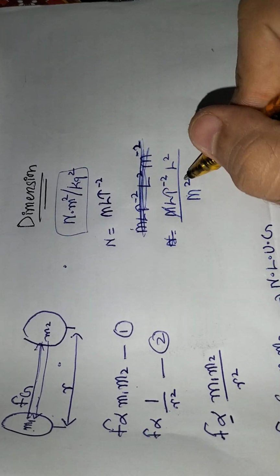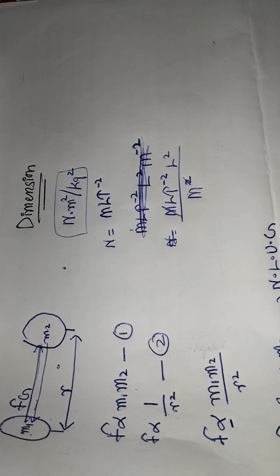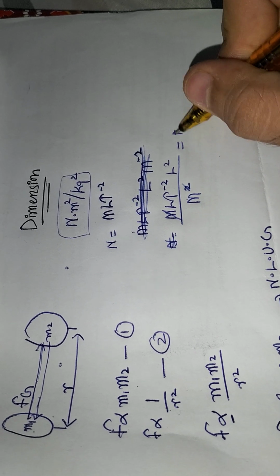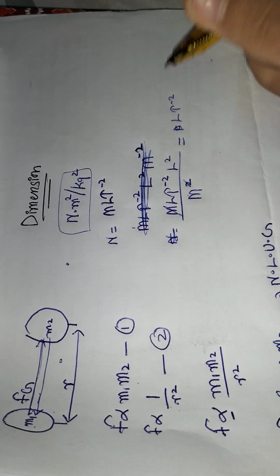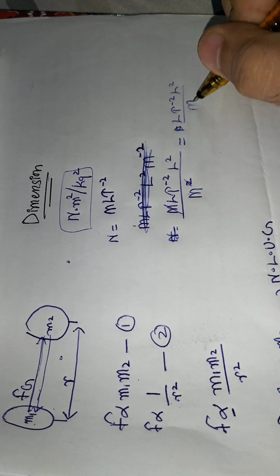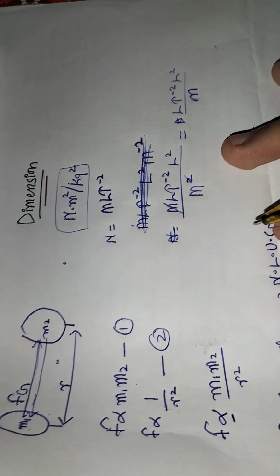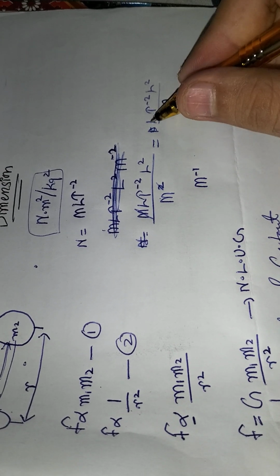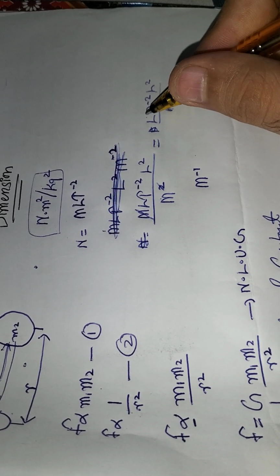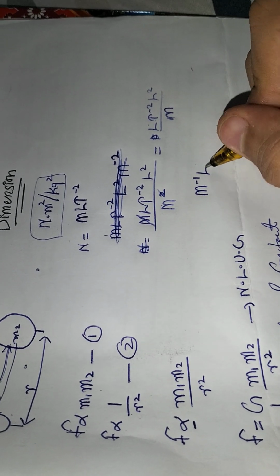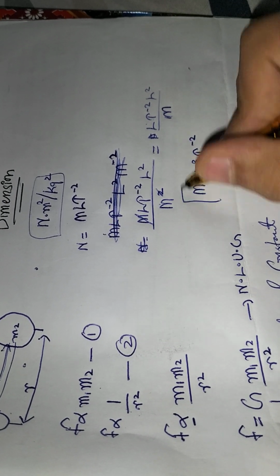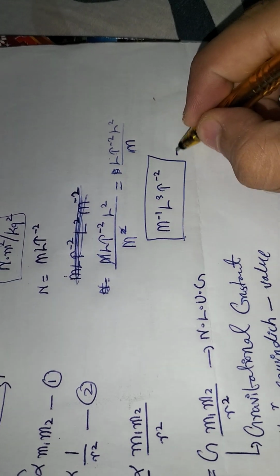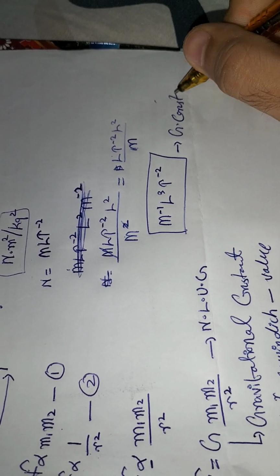This M will cancel with one M. Now we have L T minus 2, L square upon M, which gives M minus 1. Going up, it becomes minus 1, and L with no power means power 1, so 2 plus 1 gives L cube and T minus 2. So this is the dimension of the Newtonian gravitational constant.